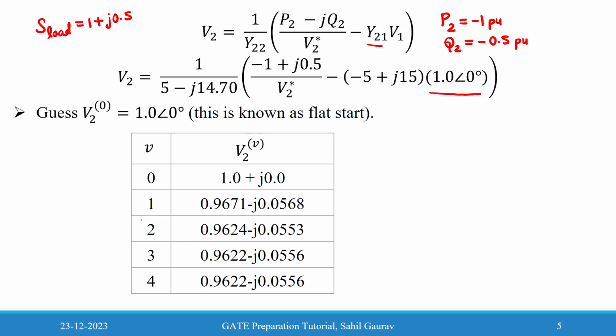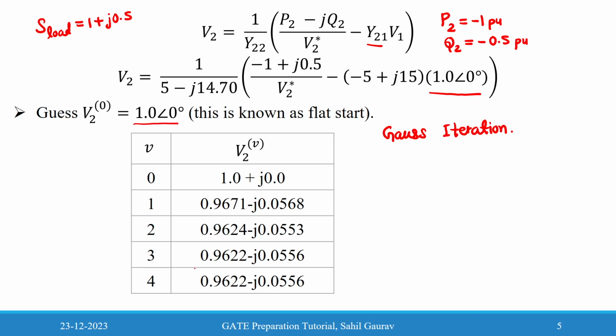Now we are going to apply the Gauss iteration. So we have to assume some value. Generally we assume a flat start, one at the angle of 0 degree. So in the power flow problem, we assume the flat start.